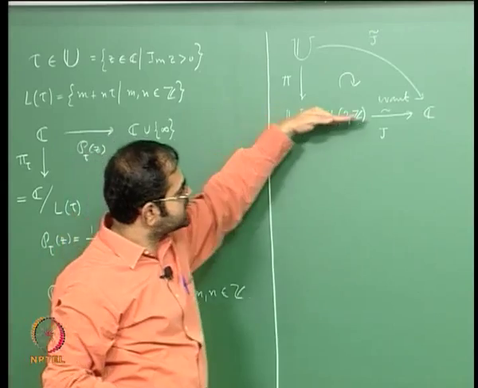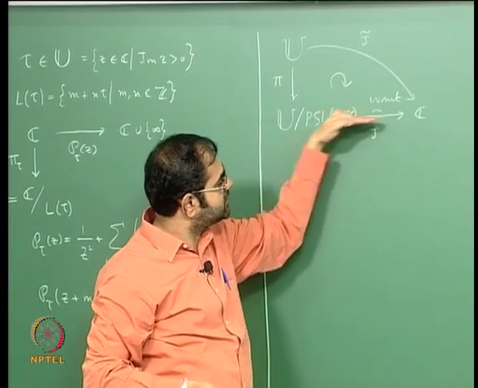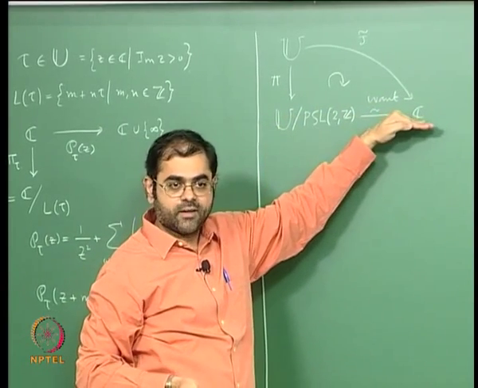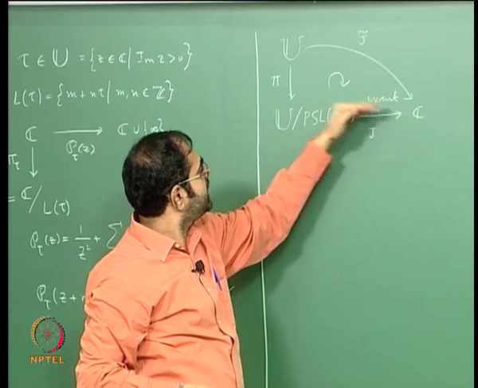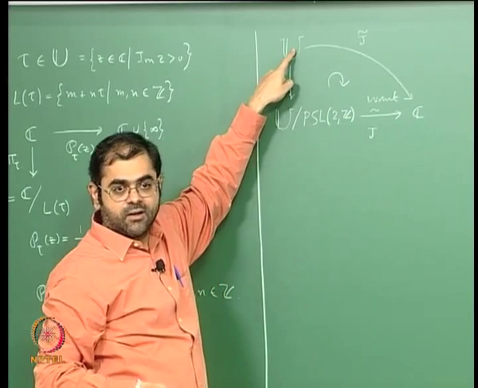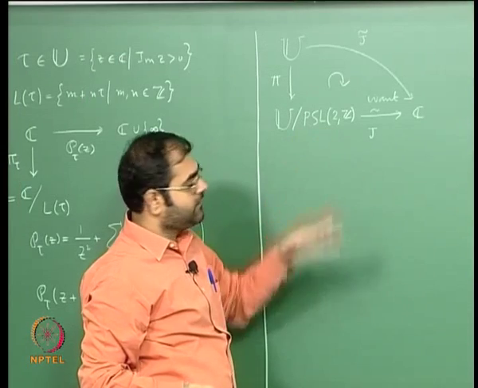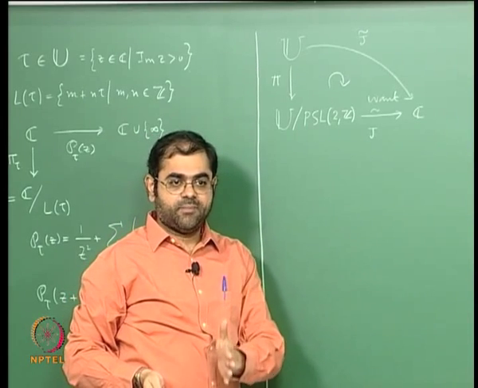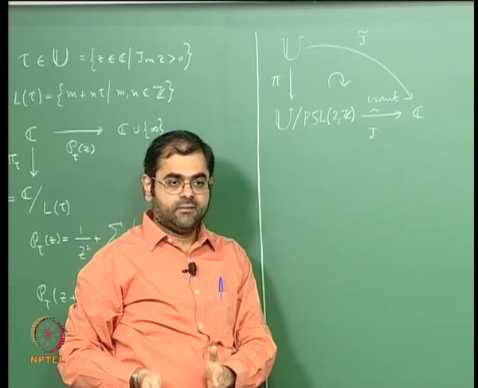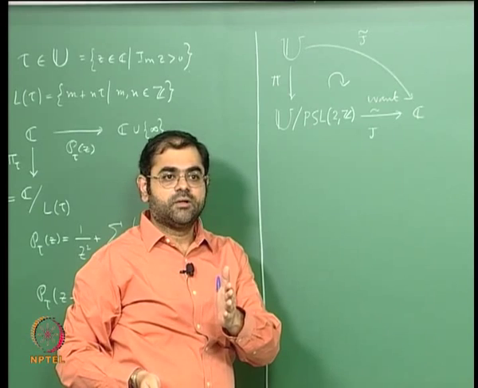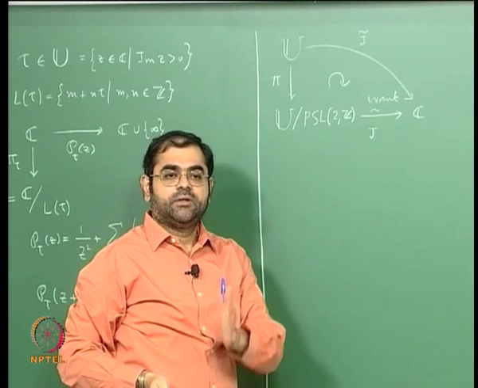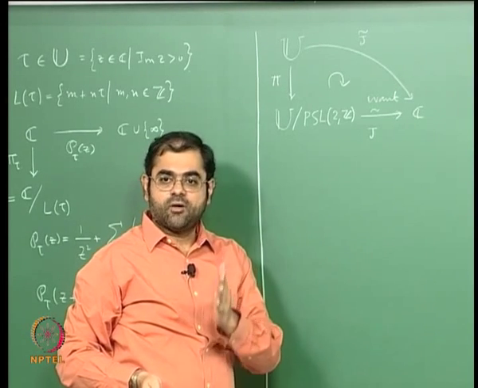So trying to construct any function here is the same as trying to construct a function on the upper half plane which is constant on PSL2Z orbits. But we have already seen that all the elements in a PSL2Z orbit correspond exactly to holomorphically isomorphic complex tori.